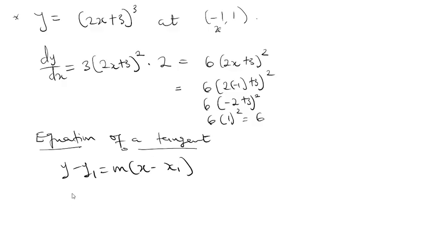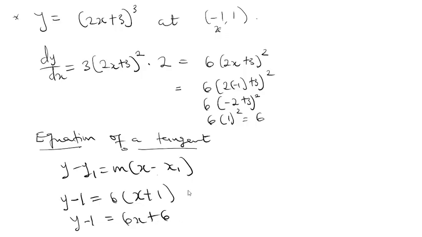So our point given was negative 1, 1. So we have y minus 1 equals 6 times x minus negative 1, which gives plus 1. So y minus 1 equals 6x plus 6.